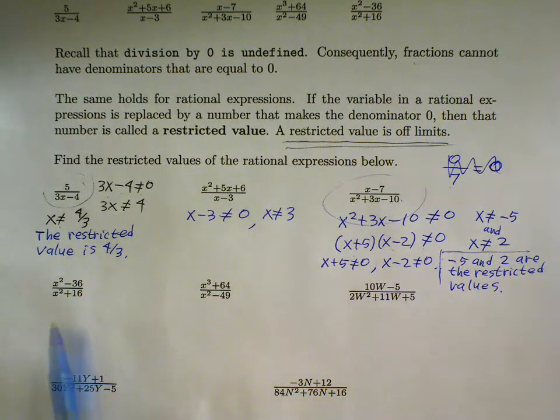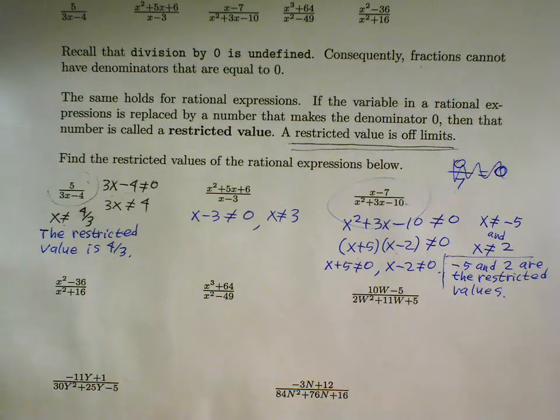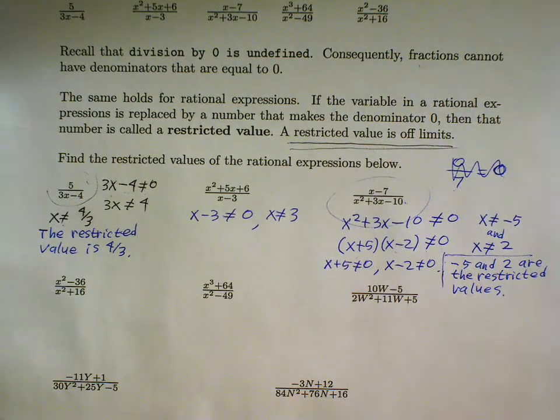Find the restricted values of this rational expression, x squared minus 36 divided by x squared plus 16. I'll give you 20 or 30 seconds to find the restricted values.